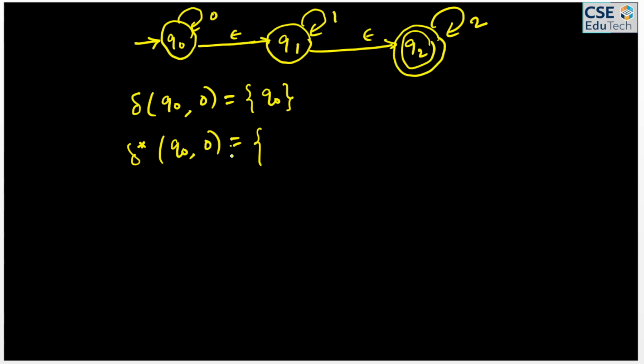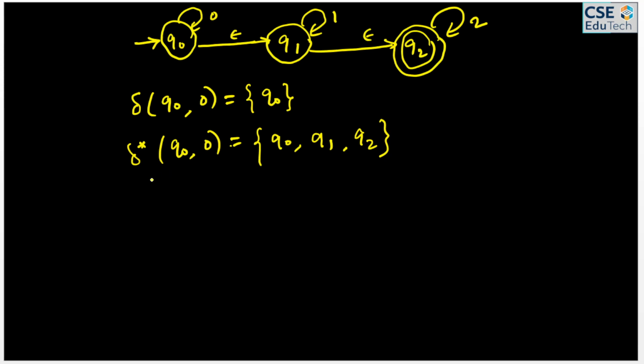So you can stay in Q naught after reading 0, or without reading any symbol from Q naught you can go to Q1. Similarly, epsilon means without reading any symbol, you can move to Q2. So these are the possible states. This is basically the difference between delta and the extended transition.